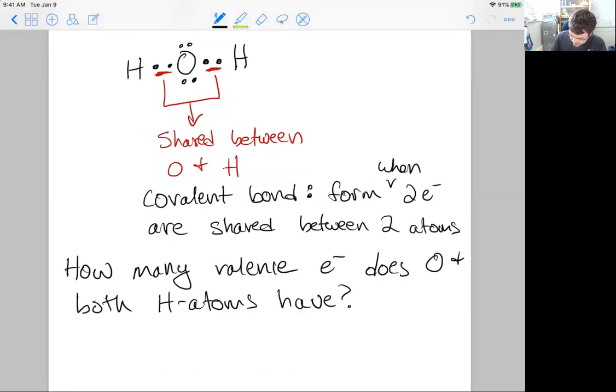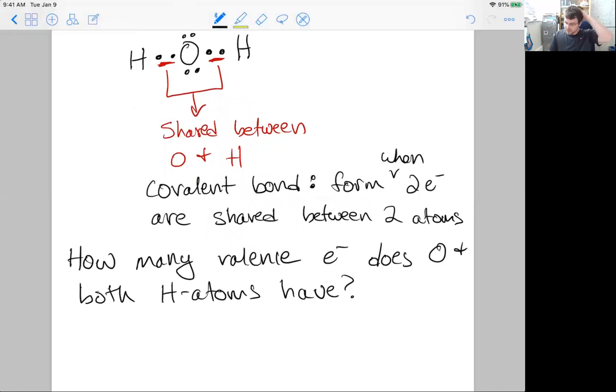Well, because the electrons are shared between each element, the electrons are now part of both valence electron counts. So if we look at the oxygen, it now has 2 of the electrons that were originally part of its valence shell that were paired up, and then the 4 electrons that were part of its valence shell, along with the other 2, but those other 2 are now shared with the oxygen.